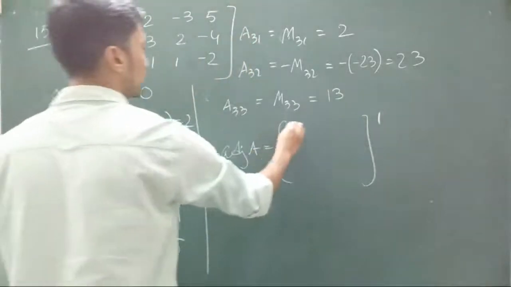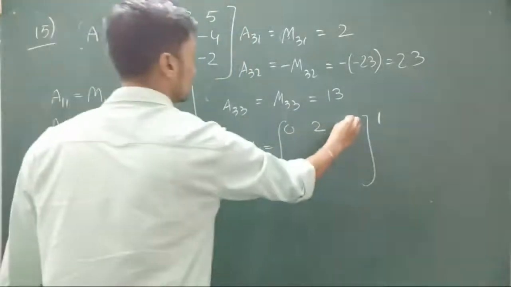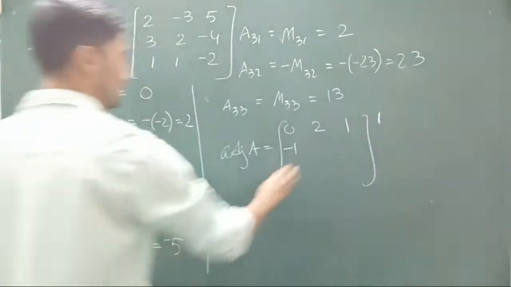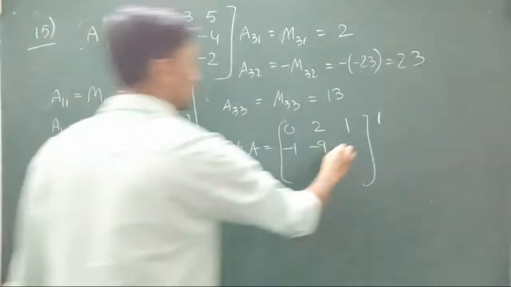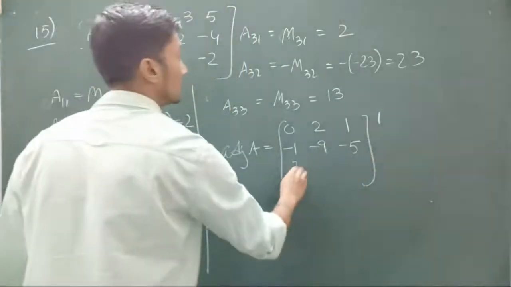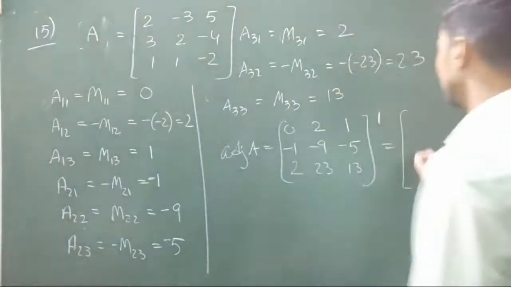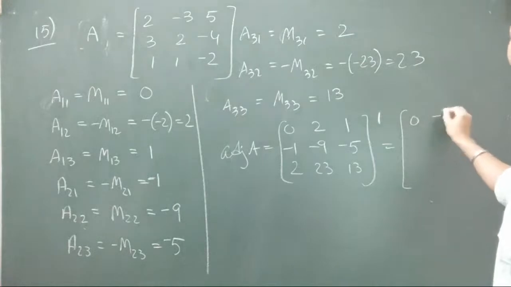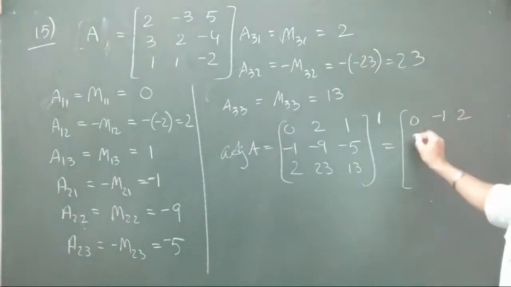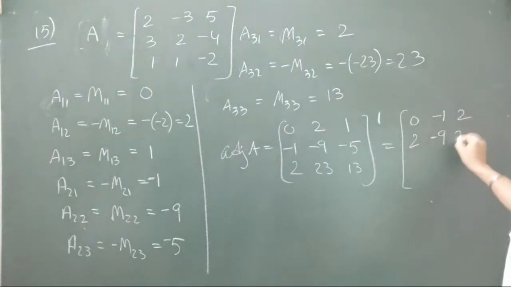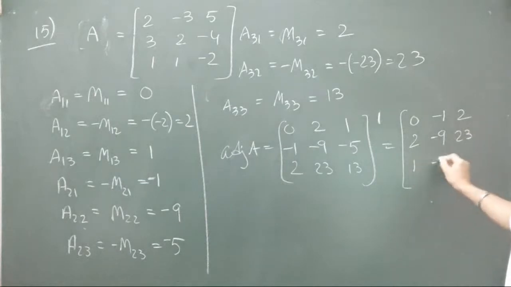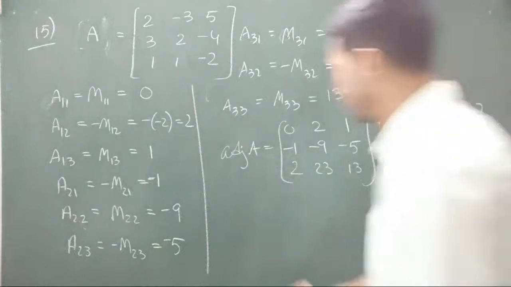So then 0, 2, 1, minus 1, minus 9, minus 5, 2, 23, 13. So this is 0, minus 1, 2, 2, minus 9, 23, 1, minus 5, 13. So this is the adjoint of A.